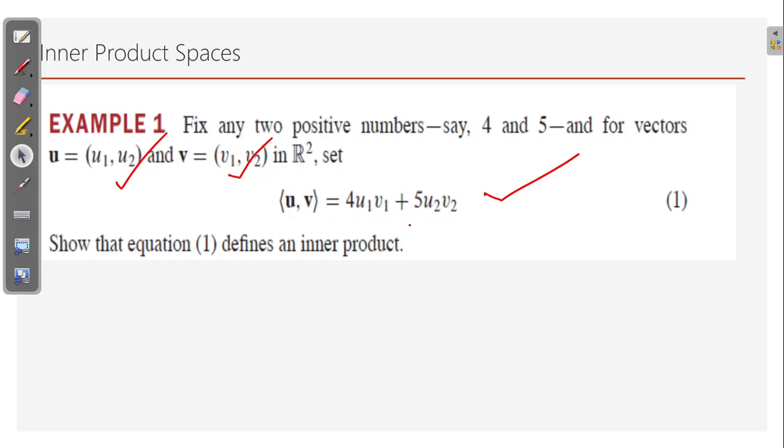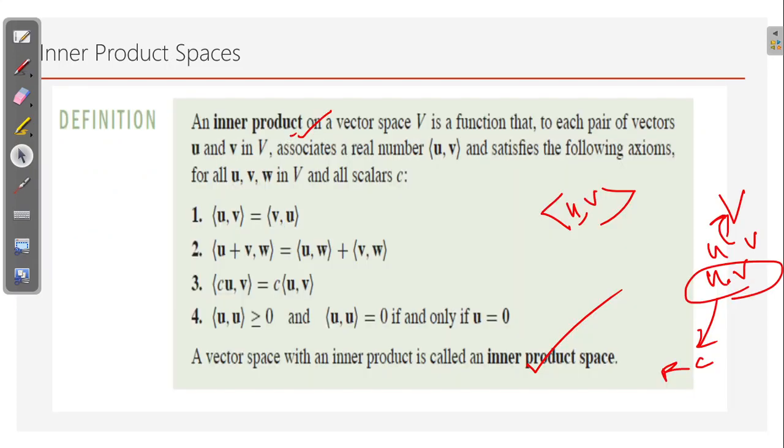Then the examiner is asking you to show that equation 1 defines an inner product space, right? So if equation 1 has to define an inner product space, then it has to satisfy these four axioms. We will check it out one by one.